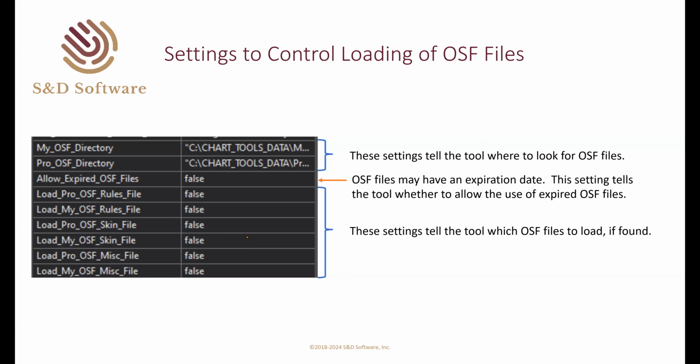Since this is for the chart tool, we have the 3 settings groups. Since you have the 3 settings groups for your project OSF files as well as for your personal OSF files, you end up with 6 settings. But again, if you're only interested in loading personal rules OSF files, you could turn on just the one setting.